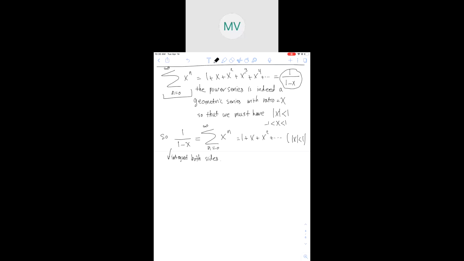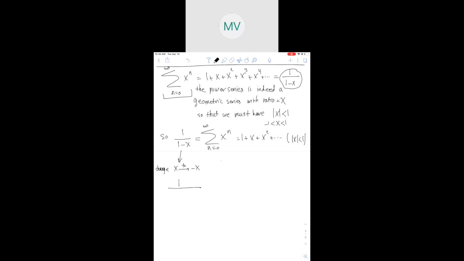If you integrate both sides, well, let's do this before that. If I change x to negative x, basically replace x with negative x, let's see what happens.